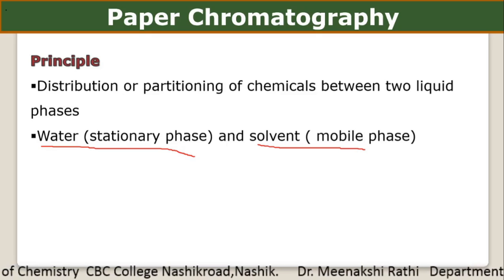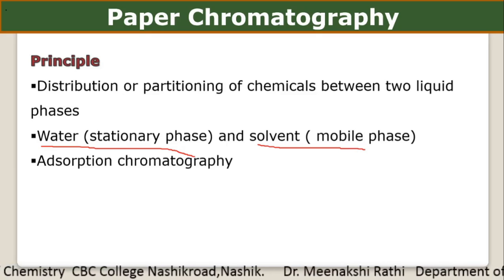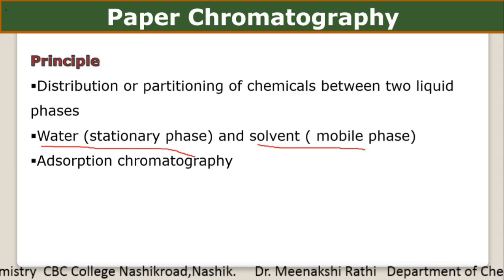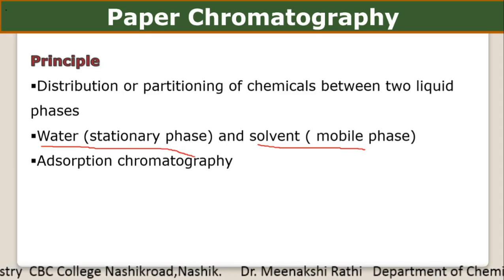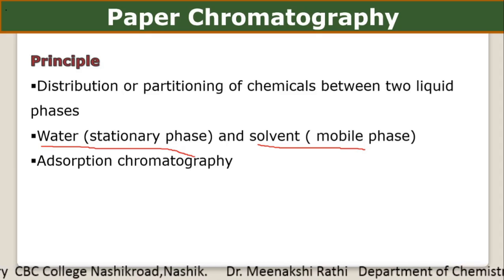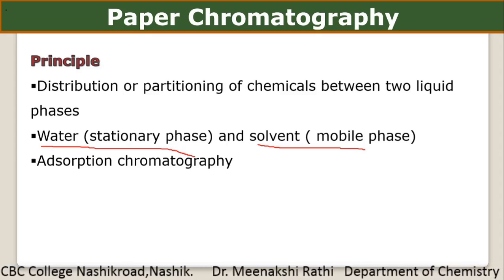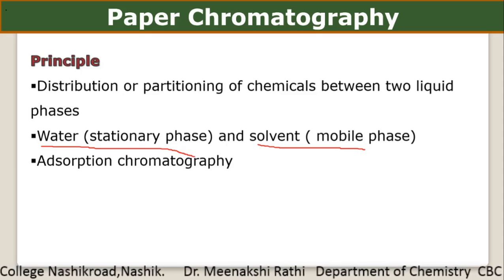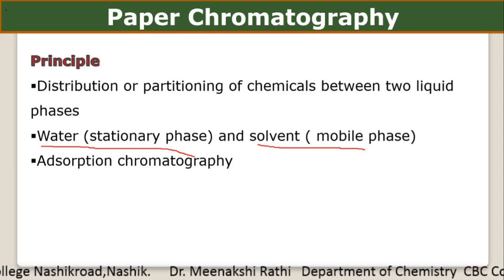Here paper chromatography also uses the principle of adsorption chromatography between solid and liquid phase, where the stationary phase is the solid surface of the paper and the liquid phase is the mobile phase.